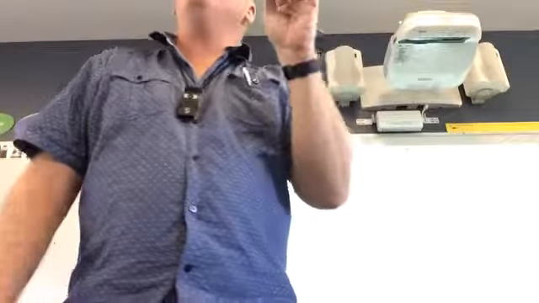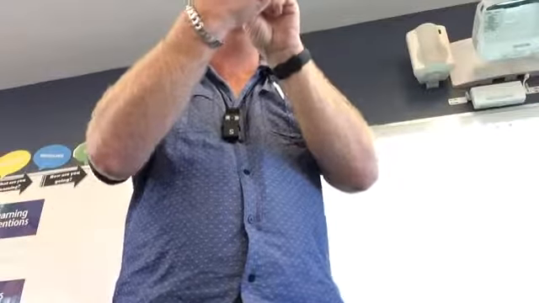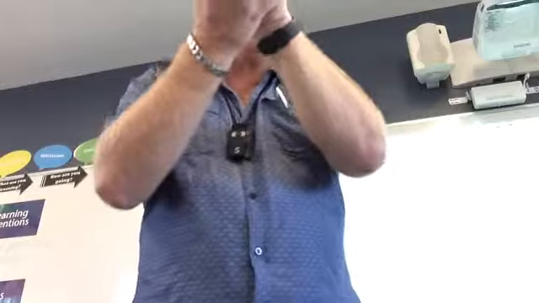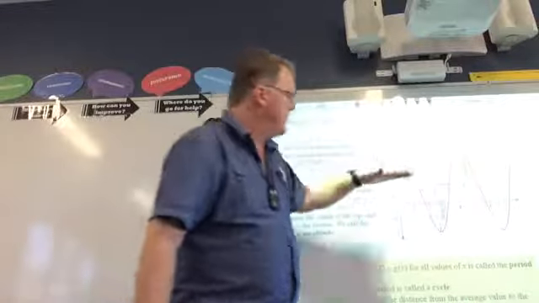Now, if you remember when we looked at all of our transformations earlier in the year, we talked about the key point that we're going to move in order to look at this translation. If we're looking at x squared, it was our stationary point. Where does the stationary point go? Does it go up? Does it go down? Does it go left? Does it go right? Do we flip, etc.? So that was our key point. When it comes to periodic functions, sine, cos and tan and all of its variations, the key, the middle, is the mean position.